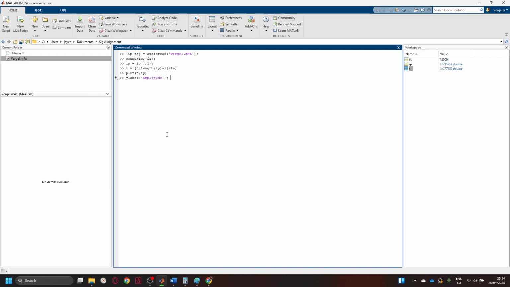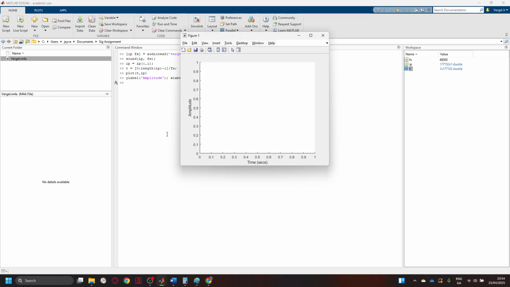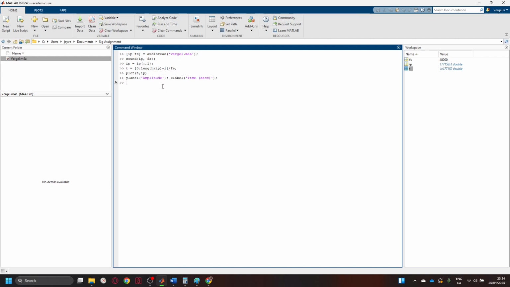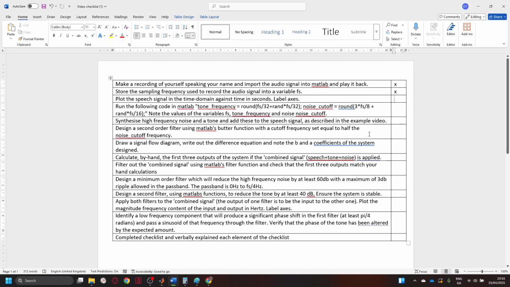Next one would be the x-axis, so xlabel, time in seconds. Yeah. So now that's done.